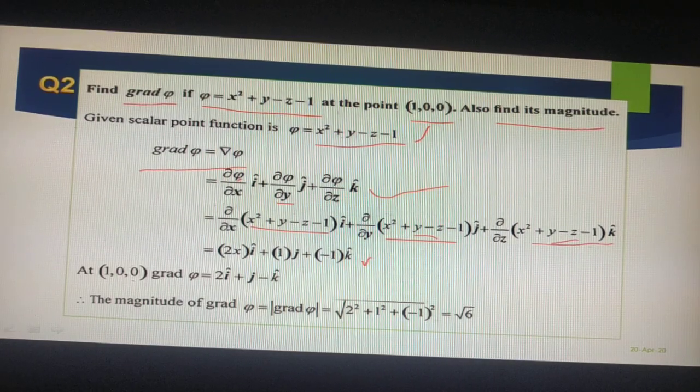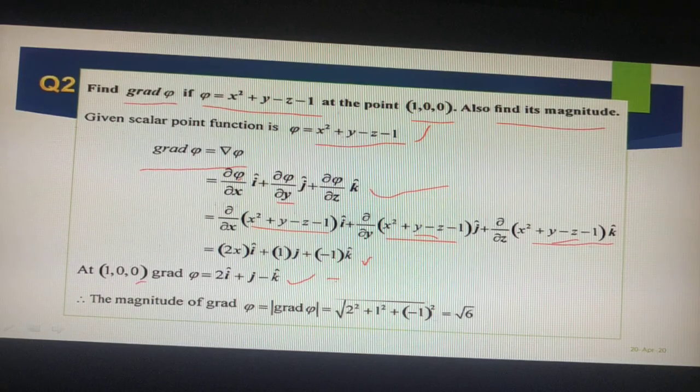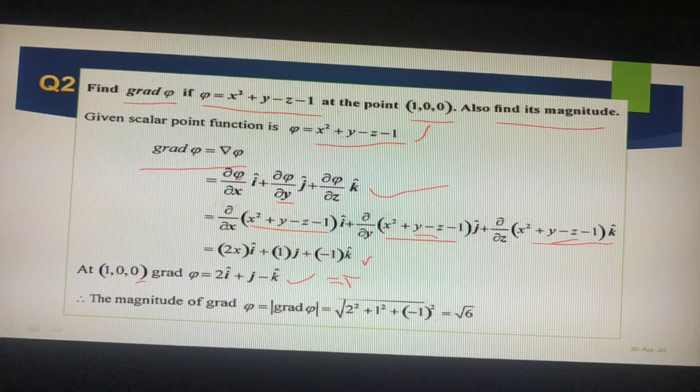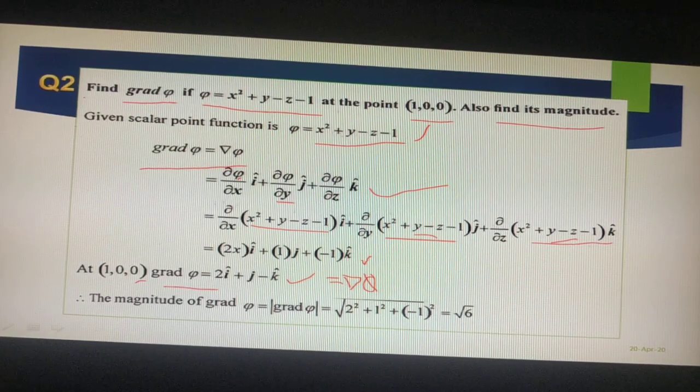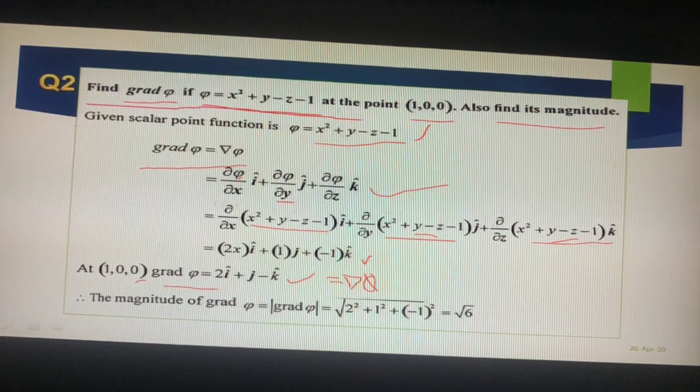After that, at (1, 0, 0), we find grad phi, nothing but your del phi. That is what they ask up to this.